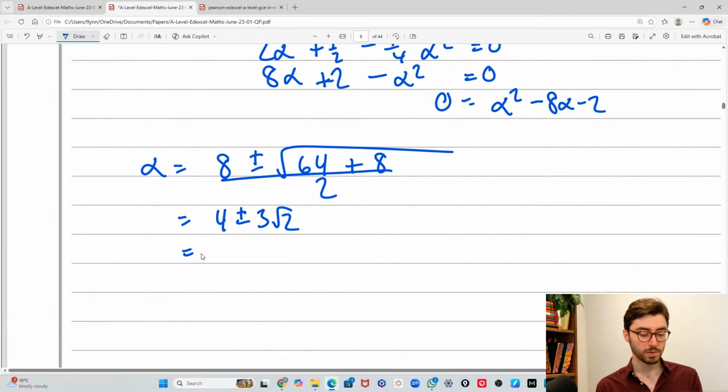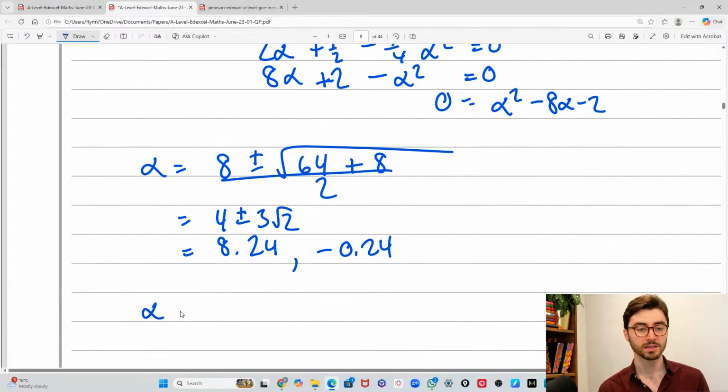In the positive case, that would be 8.24-ish. And in the negative case, it would be minus 0.24. So because alpha has to be small, that means alpha must be the minus 0.24 case.